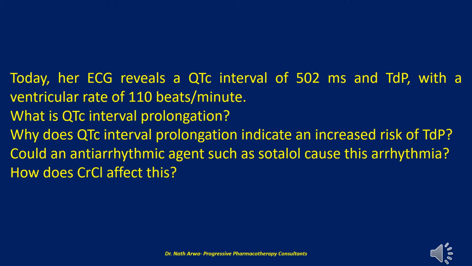Torsade de pointes induced by Class 3 antiarrhythmic agents arises from prolonged repolarization and cardiac refractoriness. All Class 3 antiarrhythmic agents have been implicated in cases of torsade de pointes. A recent review of the US FDA Adverse Event Reporting System, abbreviated as AERS, database showed the following number of torsade de pointes cases that occurred during a 2-year time period: dronedarone 37, amiodarone 29, dofetilide 12, and sotalol 4.